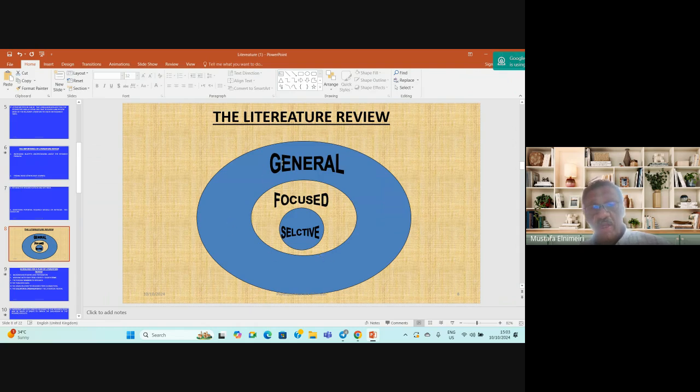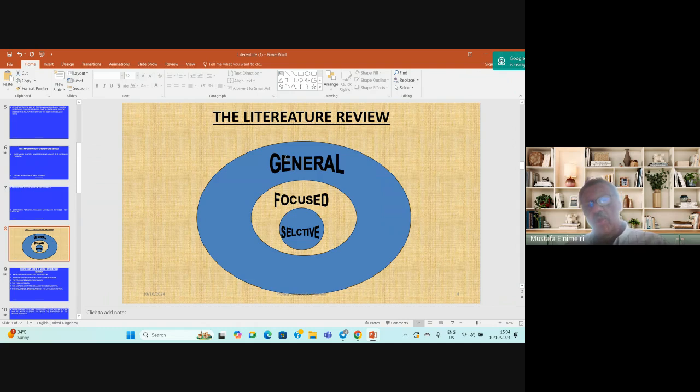For example, the general literature review, which represents the background about the topic: broad facts, basic facts, general information, background information about a certain topic.